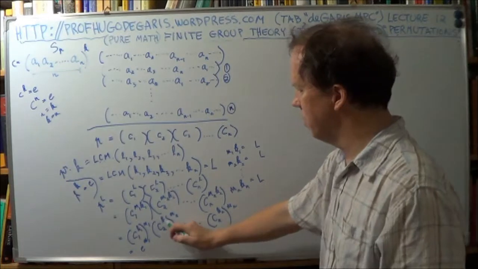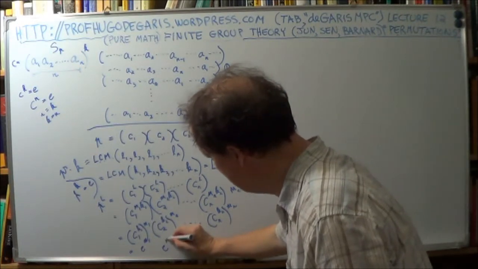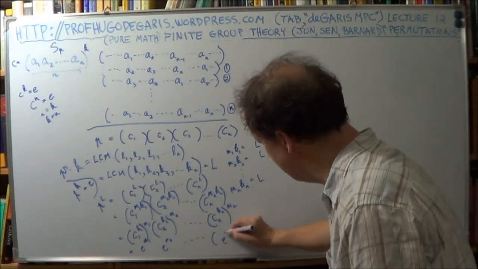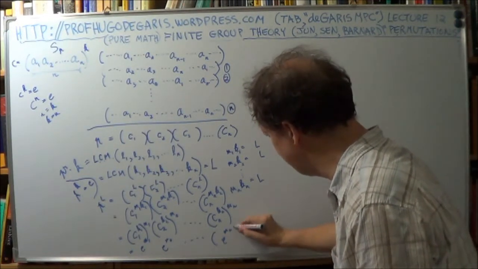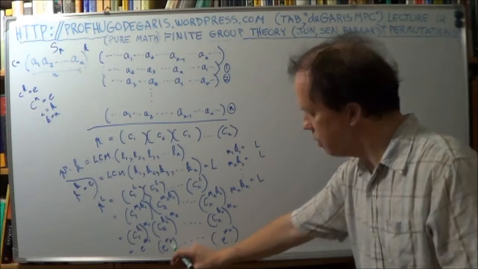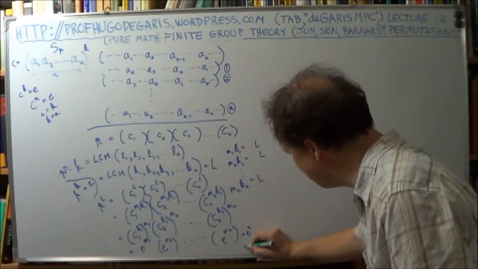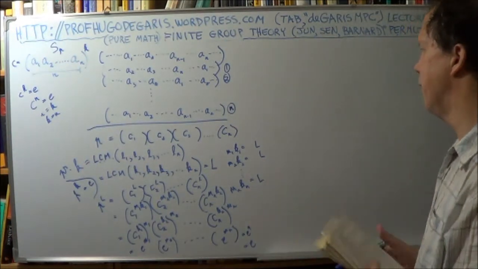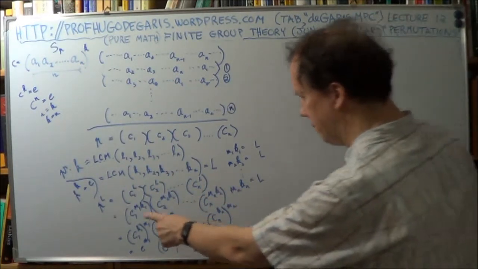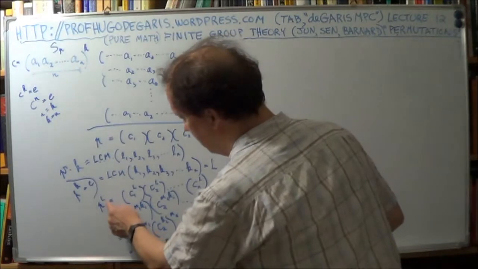Similar logic: K2 is the order of this cycle, so that's just E, and you've got E to the M2, dot dot dot, E to the Mn. Now E to the M1 is still E, E to the M2 is E, so the whole thing is still just E. So you have shown that P to the L is E.